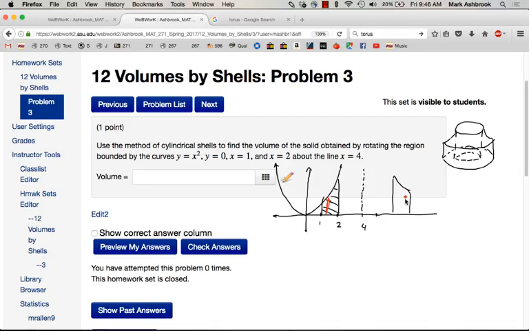And we're going to find out that the shell is quite convenient, easy. So our shell looks like this. So there's the typical shell, right?